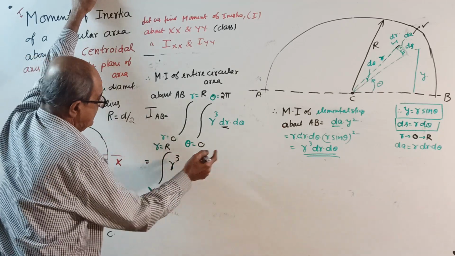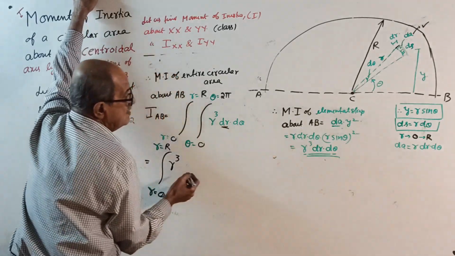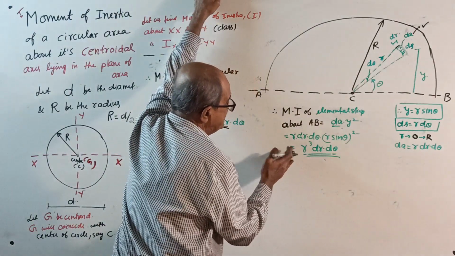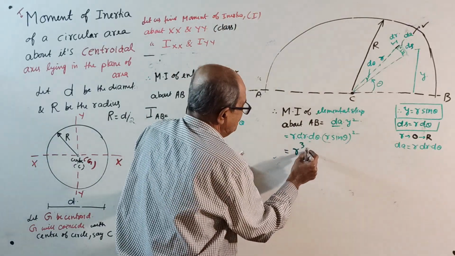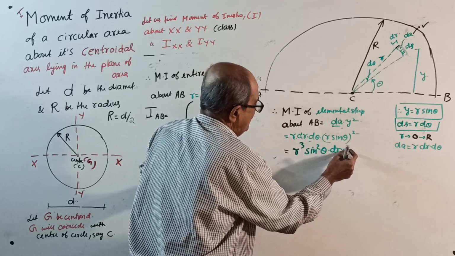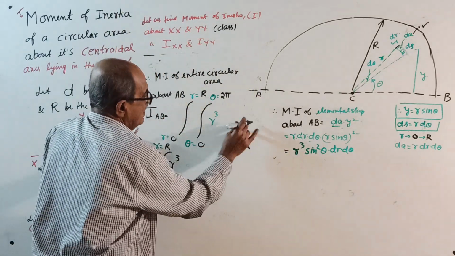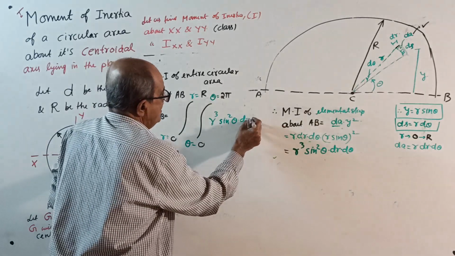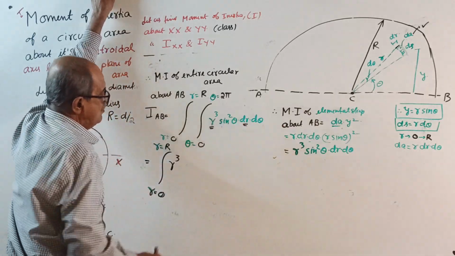R cube into sine square theta into dr into d theta. Major mistake here, I had forgotten the sine square theta. R cube into sine square theta into dr into d theta. What I will do is push r outside, and first finish the integration.